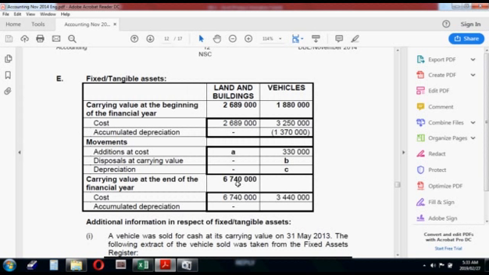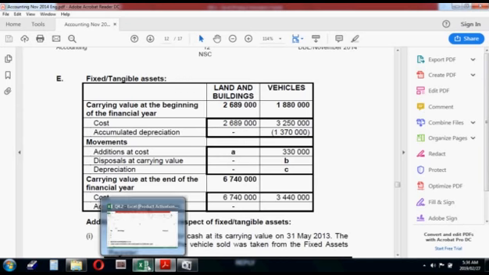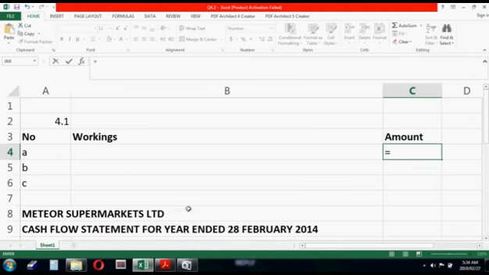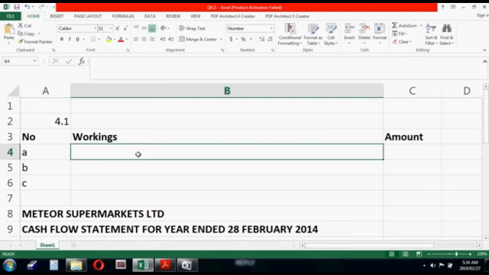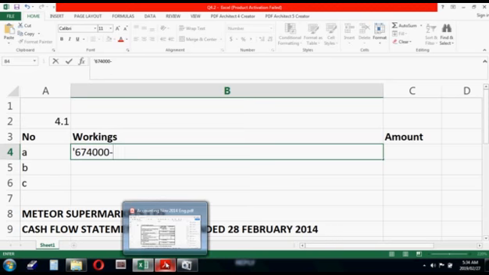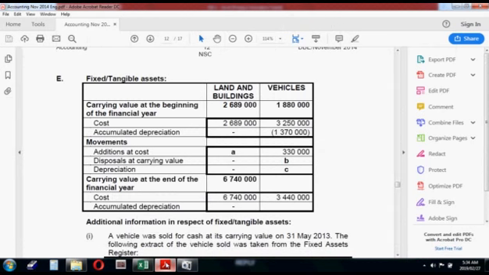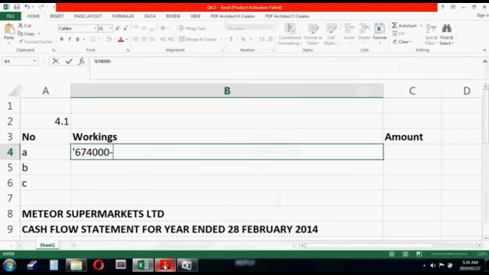To put it a different way, the difference between the costs at the end of the financial year and the costs at the beginning of the financial year will give us the solution to number A. So we have 6,740,000, and from that we need to subtract the amount at the beginning of the financial year, 2,689,000. So that's our calculation.